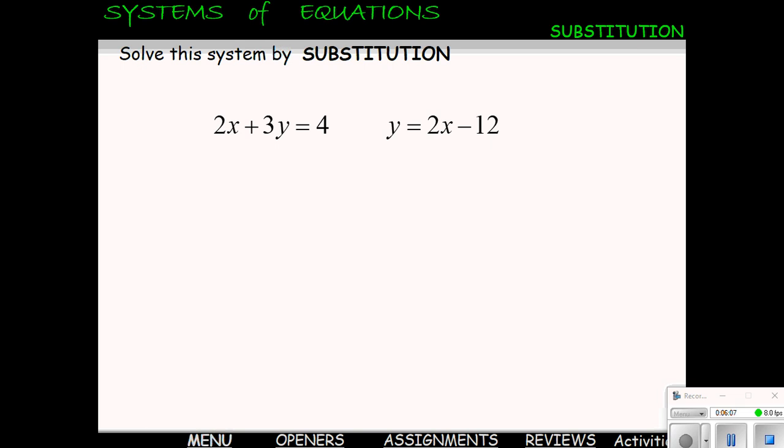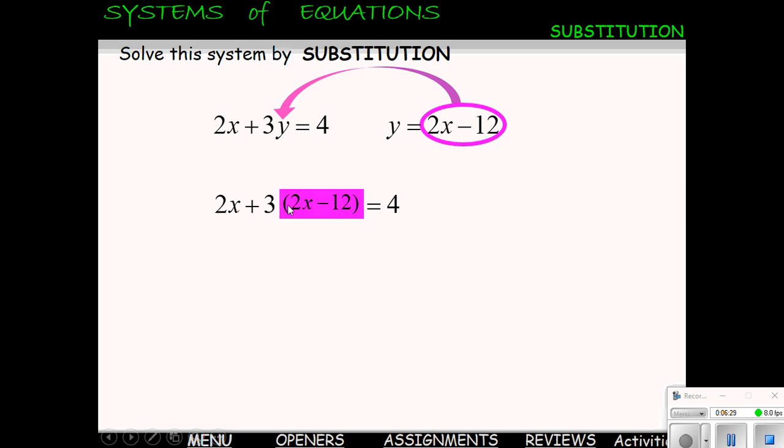If you want to use substitution and it doesn't have one of the variables solved for, you'd have to take that extra step. But in this case, since y equals 2x minus 12, I'm just going to plug 2x minus 12 into y. So this first equation, instead of being 2x plus 3y equals 4, it's going to be 2x plus 3 times this whole thing instead of y. 3 times (2x minus 12) is equal to 4.